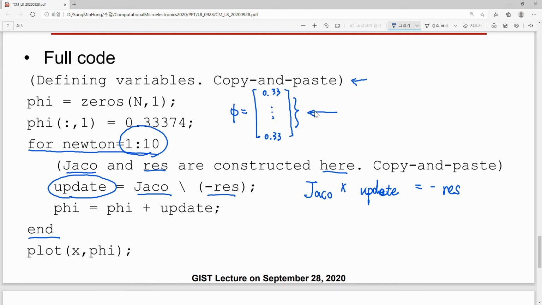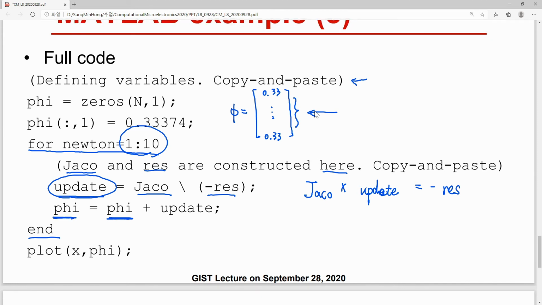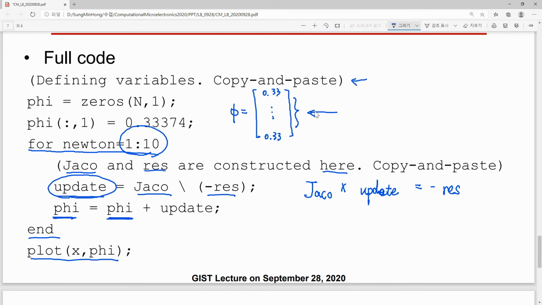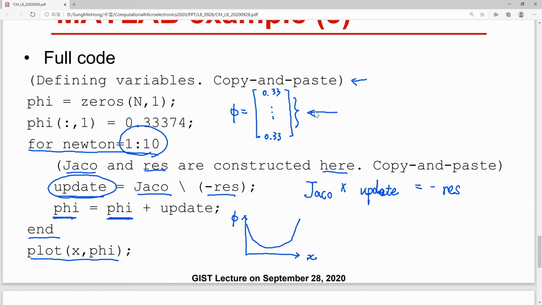So you just solve it and add your update vector to your present temporal solution, and you will have the updated potential. So please plot it as a function of position, then you will have a certain phi which just looks like this for a given gate bias, and change the gate bias.